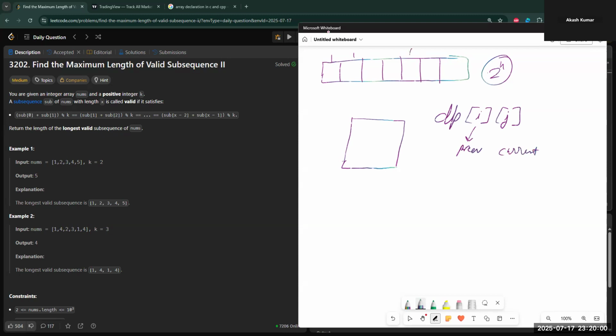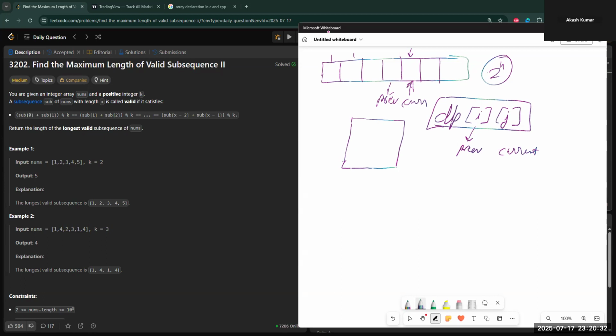Let's say we are at this position currently. So the modulo value of this and the modulo value of the previous value. This DP represents the maximum length of the subsequence considering the last element at the current position. DP[i][j] represents this.